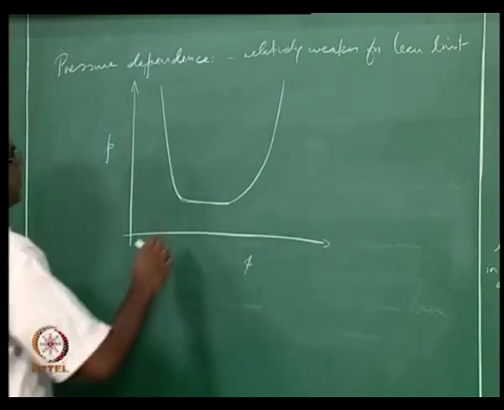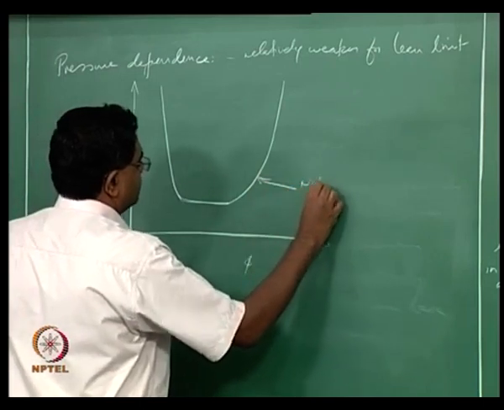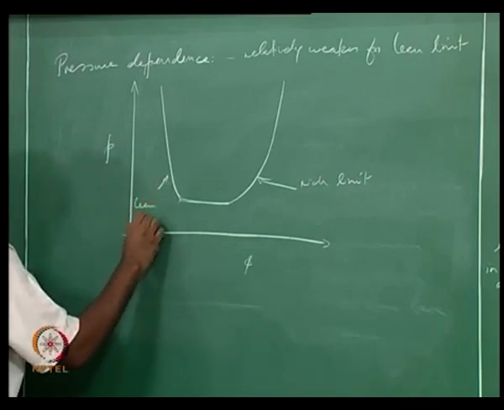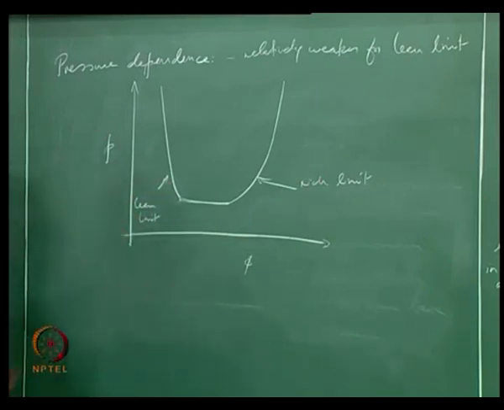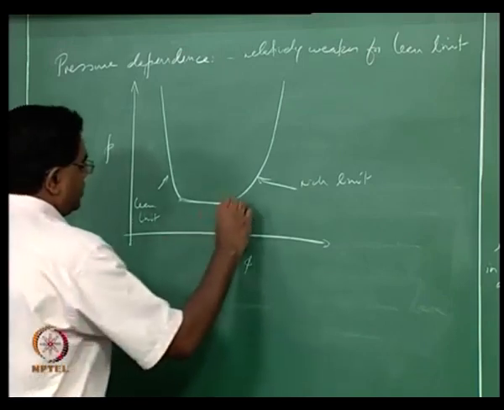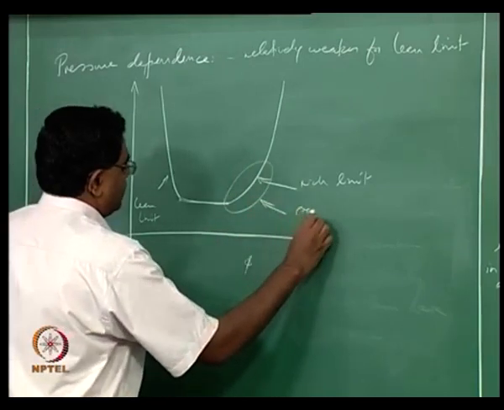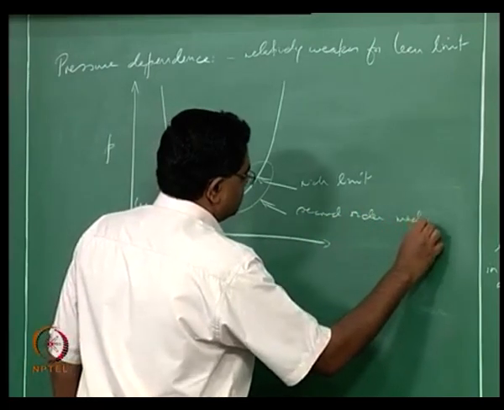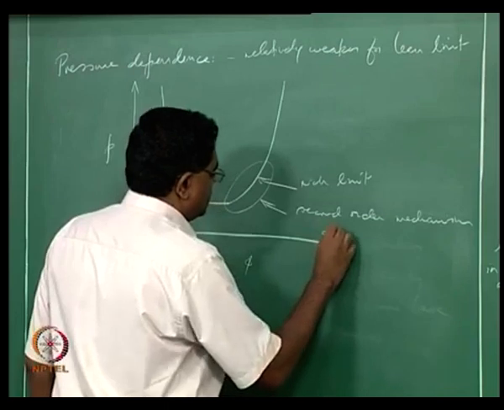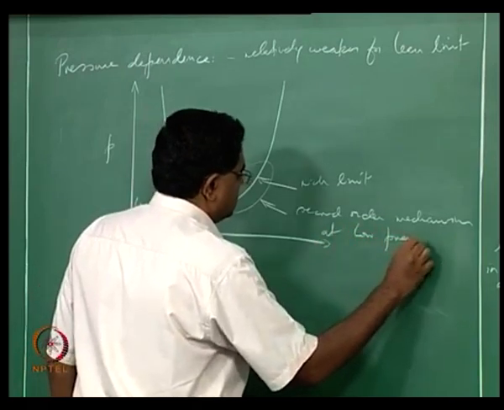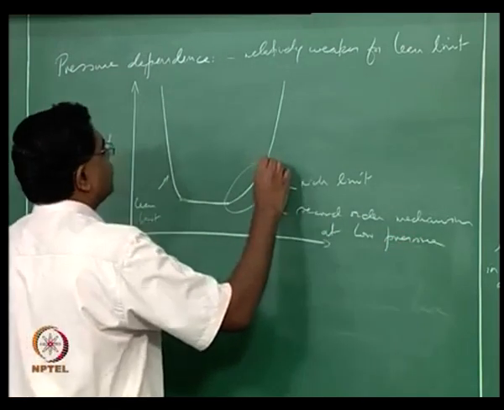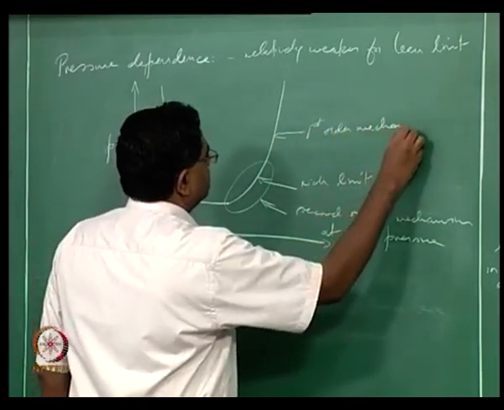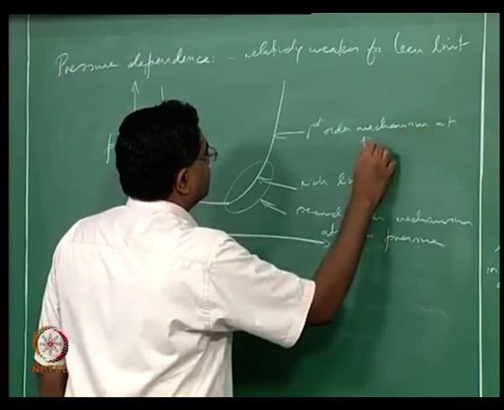But then it is more sensitive at the rich limit. So this is the rich limit and this is the lean limit. If you look at how this works, this is actually controlled by a second order mechanism at low pressure, and this is controlled by a first order mechanism at high pressure.